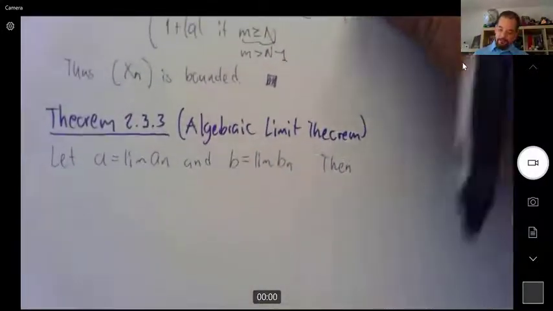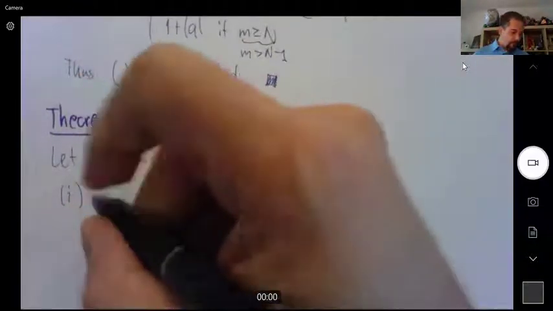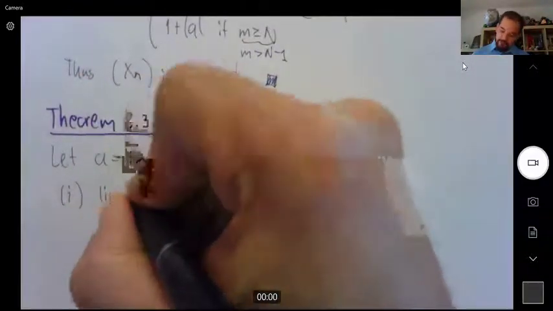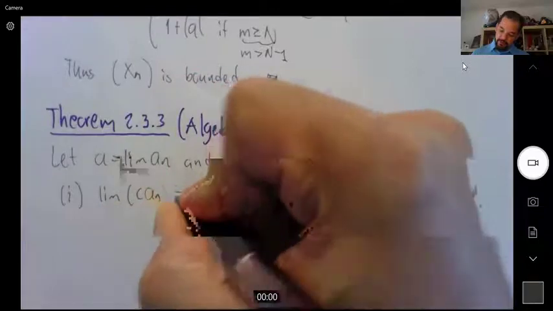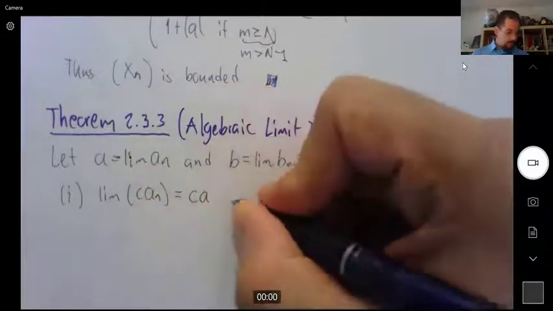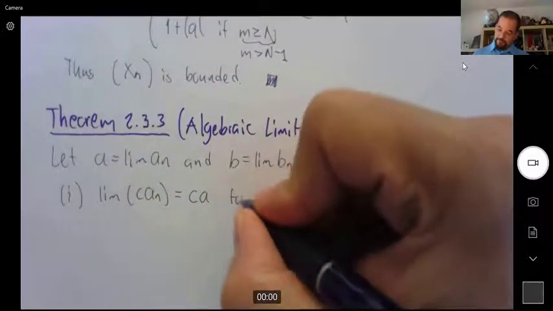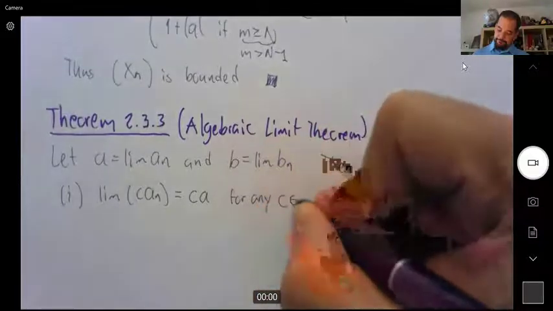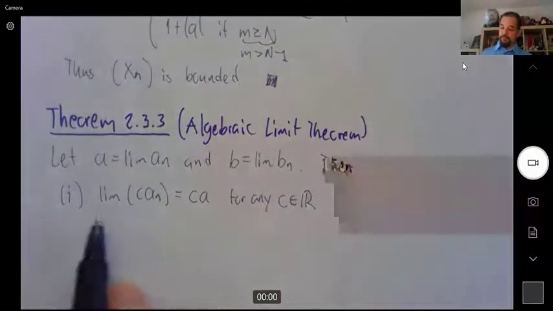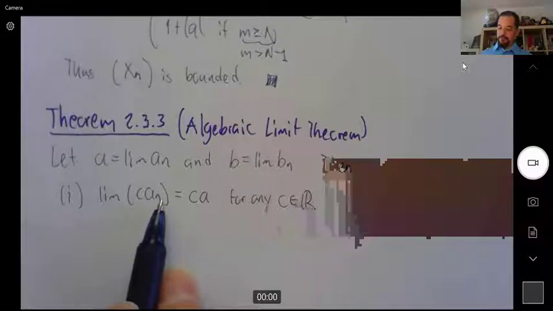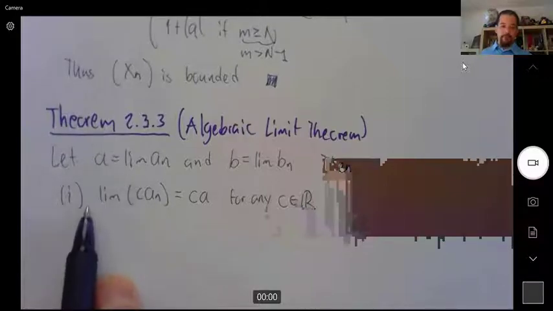It has 4 parts. Part 1, if you take the limit of c times a_n, you get cA, where c is any constant. So in other words, if you take the limit of a constant times a sequence, you're allowed to take the constant out.